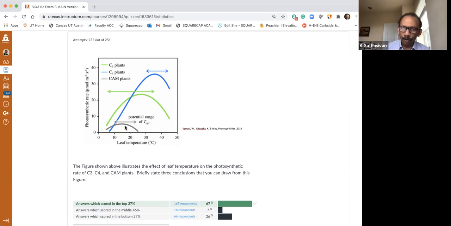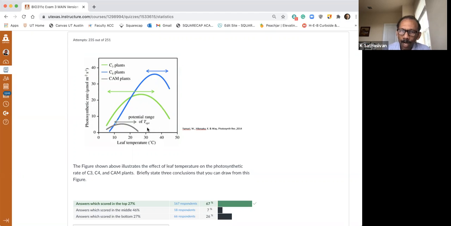So if you want to go through one by one, the bottom worst is CAM plants. CAM plants have a very limited temperature tolerance, and they are low in photosynthetic rate. Then come C3 plants, which have the widest temperature tolerance from 5 degrees to 40 degrees, and they are medium in photosynthetic efficiency.